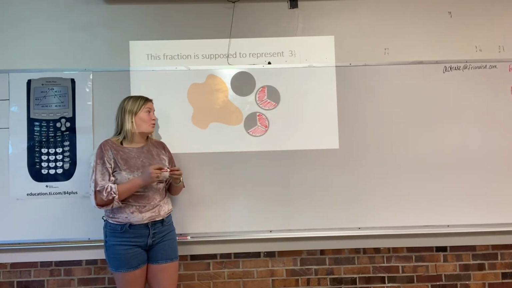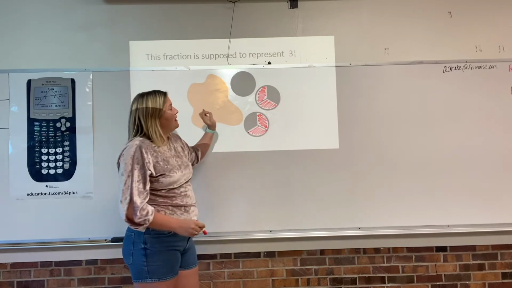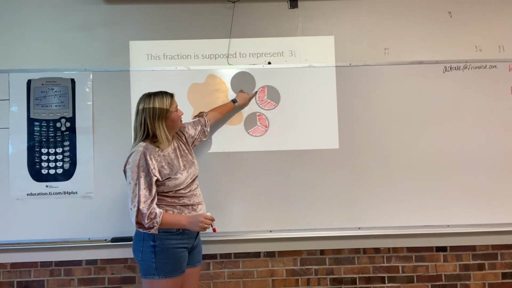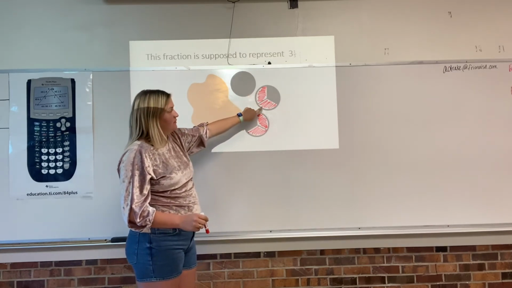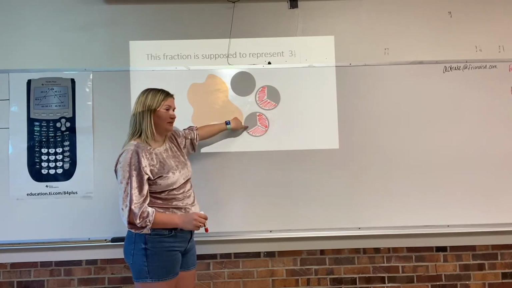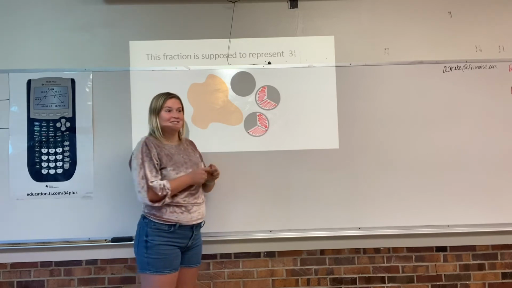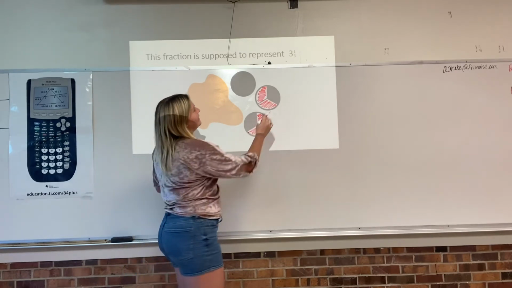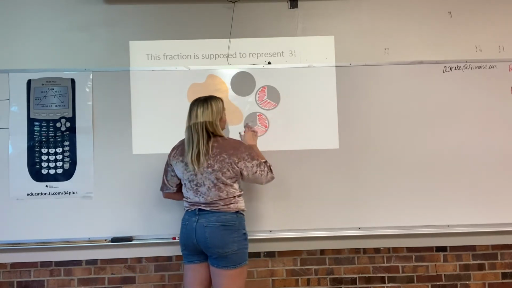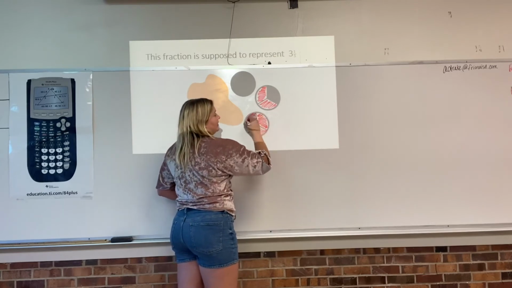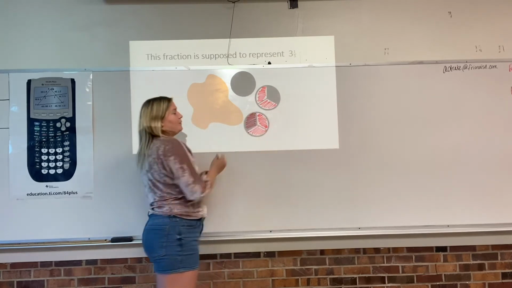So what do we need to add to 3 wholes to get 3 1/3? 1/3. So let's add 1/3. So let's pretend like this isn't here. We're going to add a third here. So we're going to add up all the red parts.